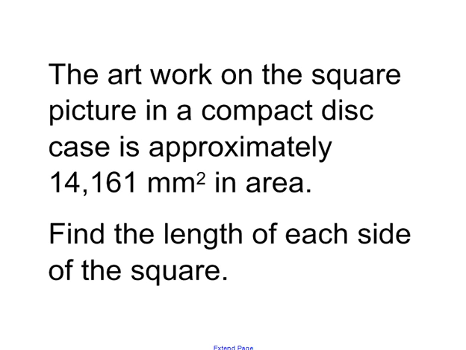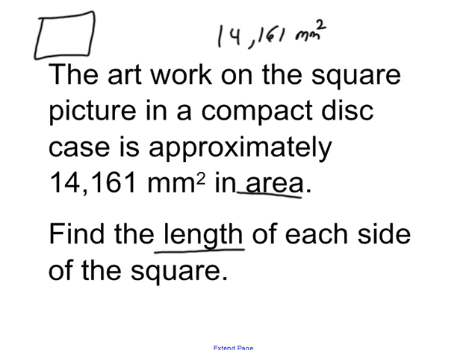Here's a problem about artwork. The artwork on a square picture in a compact disc case is approximately 14,161 millimeters squared. All right, that's the area. And they're asking me to find the length of each of the sides. If I remember my equation for area, we studied this earlier, the area of a square is equal to the length times the length.